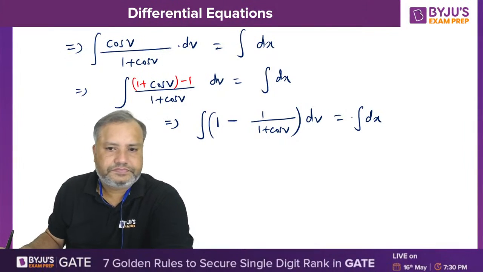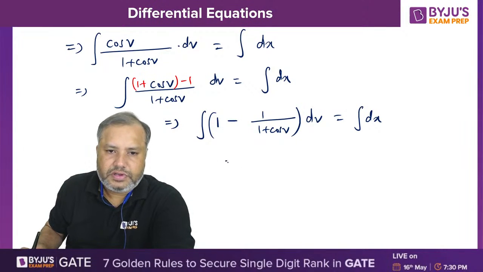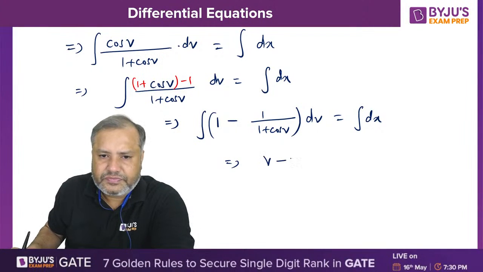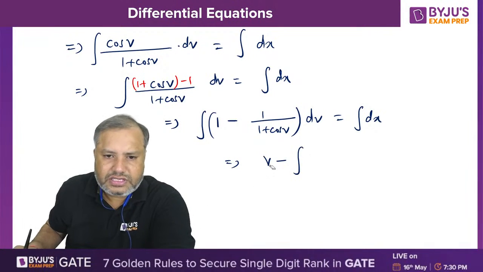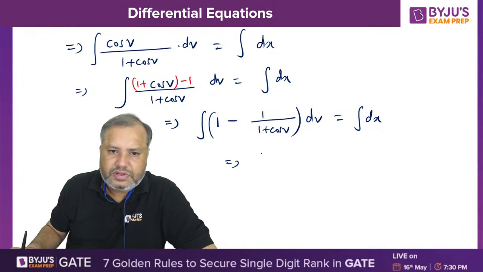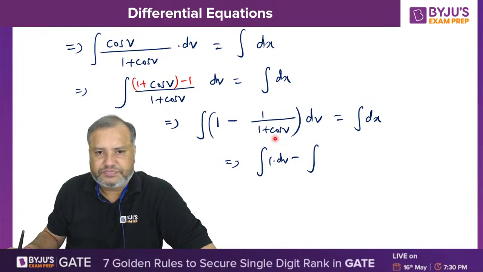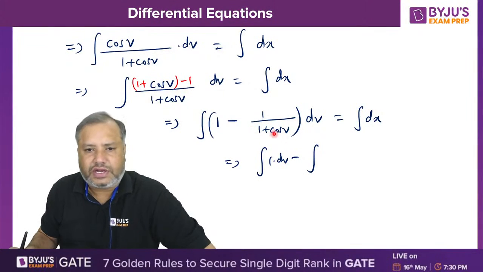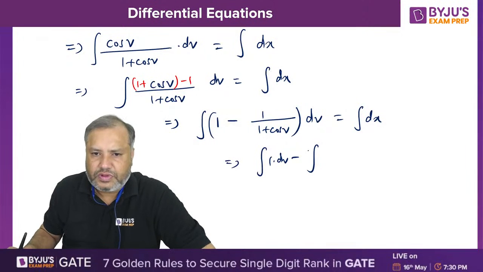Got it? Now, integration of 1 will be v. I'll just do certain more adjustment. Integration of 1 dv minus 1 upon cos v. 1 plus cos v is 2 cos square v by 2.